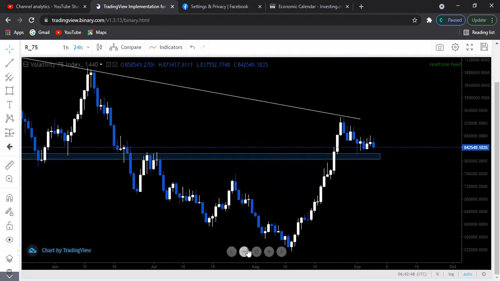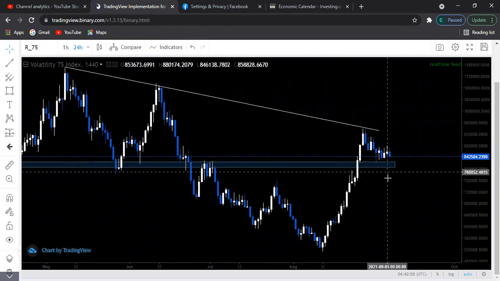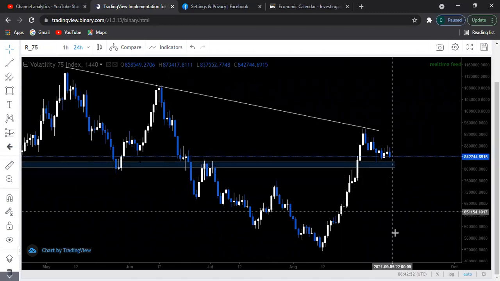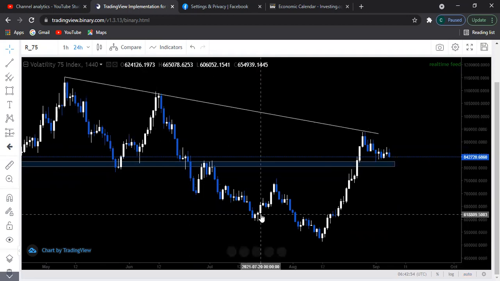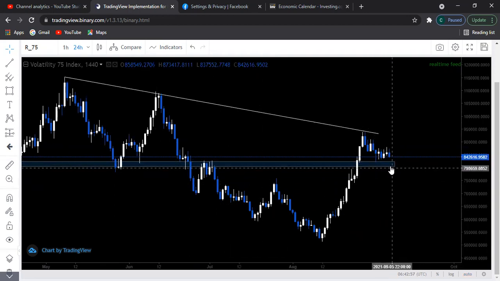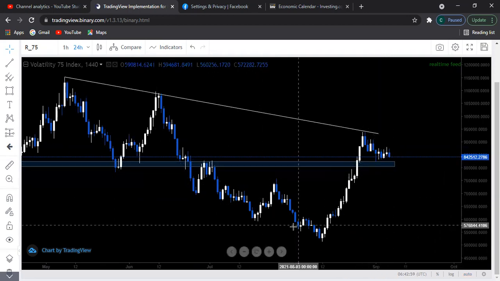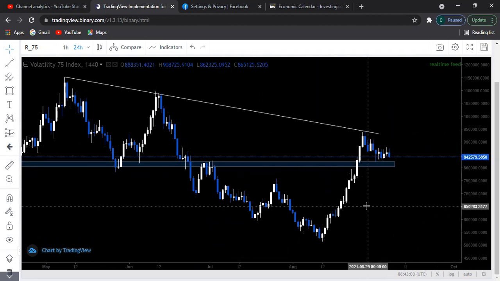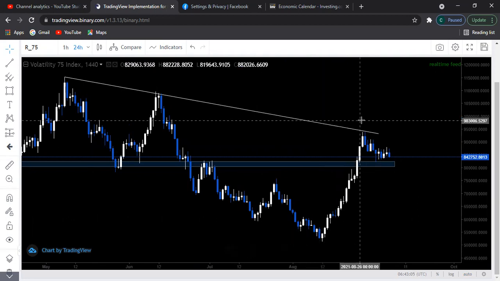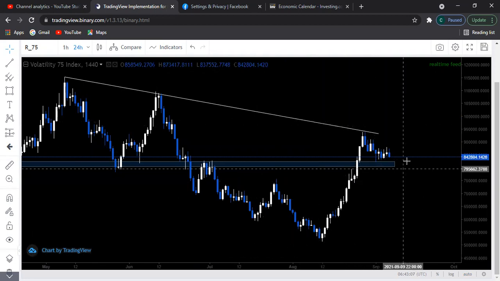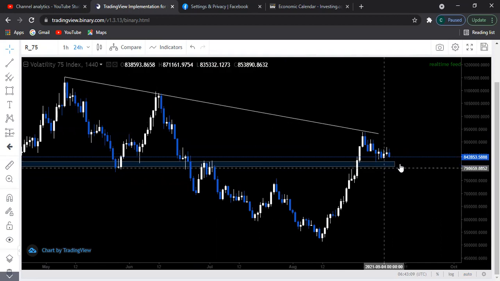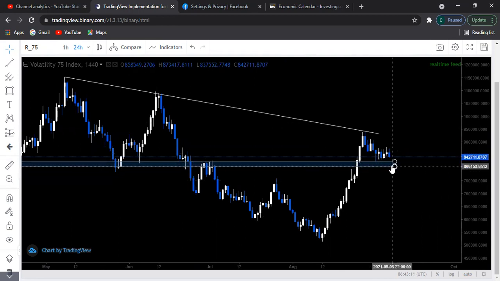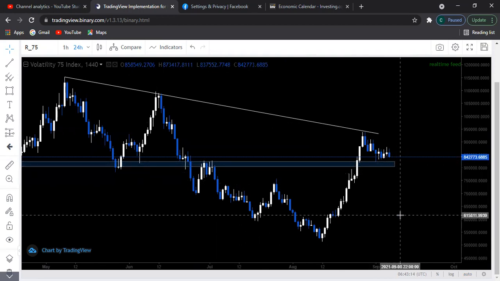So what I'm expecting to see is that if prices break below here, then obviously this will be a very short trade. But I can't pull any triggers because it's very close to a very significant market structure. And this being an uptrending index and having come from this very strong bullish run, it's very risky to take any sell trades here, right? So after it breaks here, then it'll be good to go.